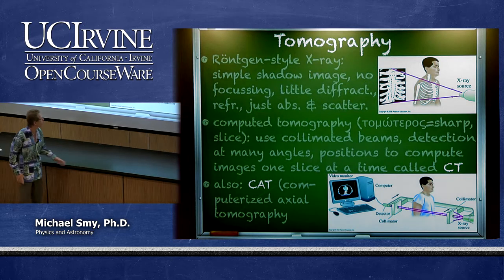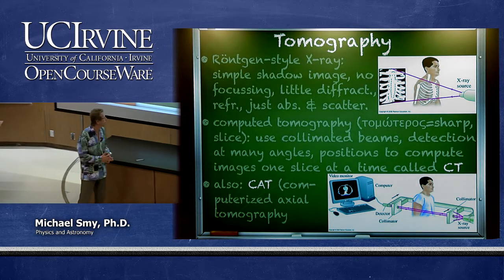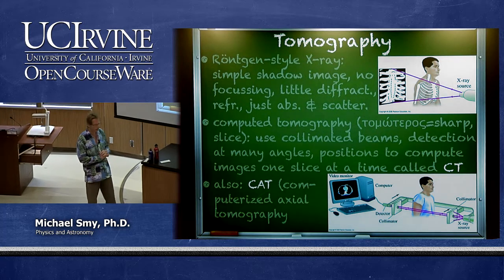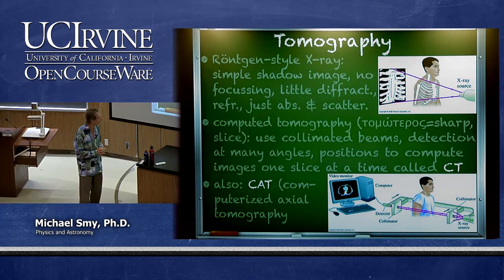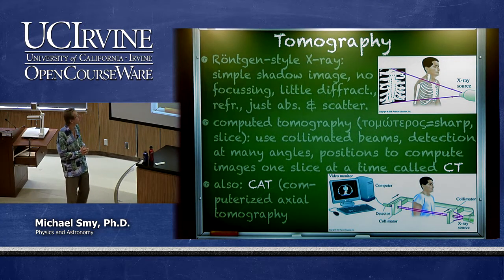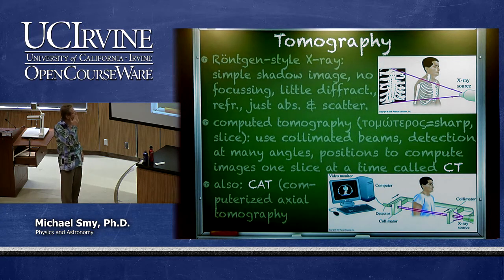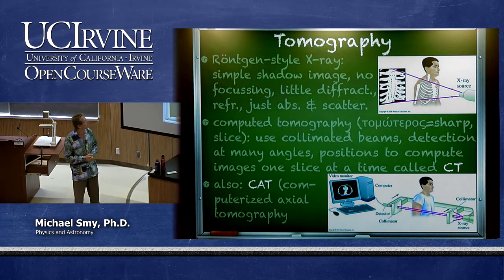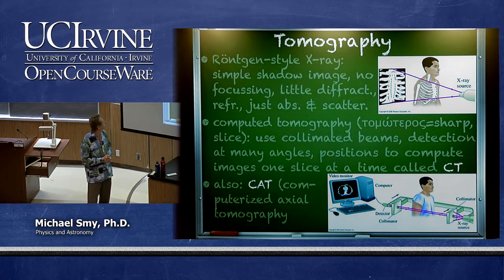And this collimated beam is then detected with a collimated detector also, and so you get only an image in a well-defined direction at a well-defined position. And then one takes many angles and positions and then computes an image one slice at a time.